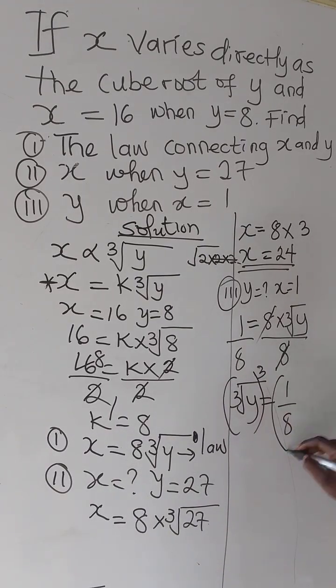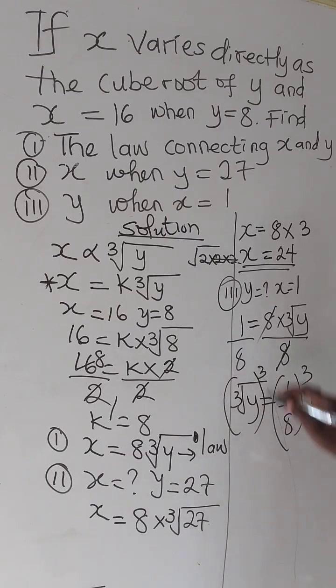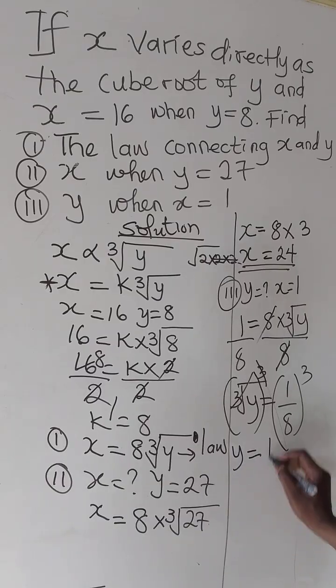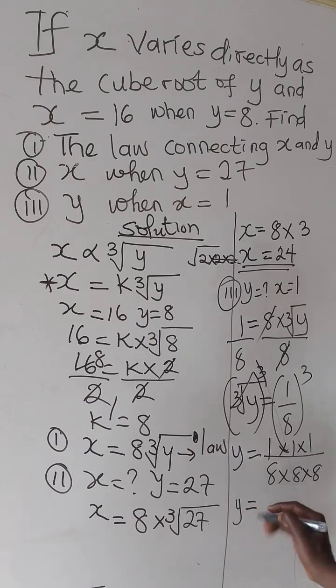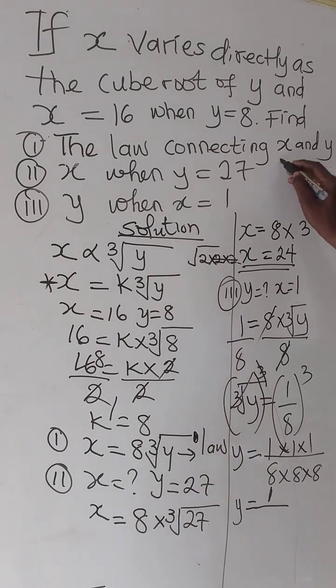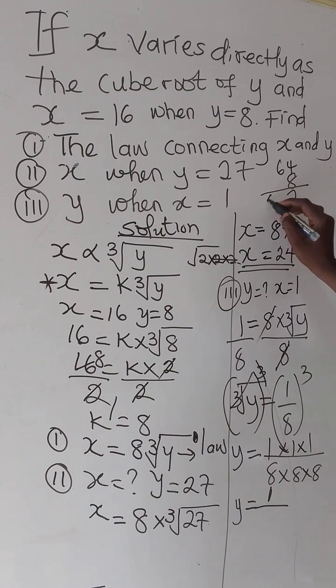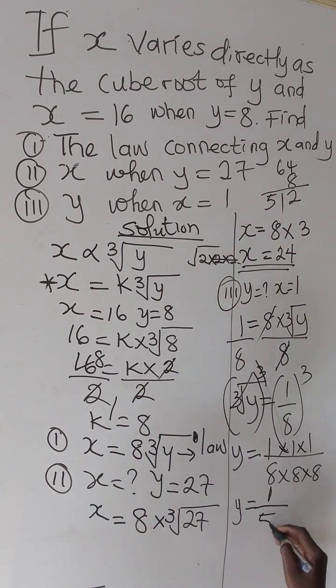We cube both sides, so that this cube will cancel the cube root. So y will now equal 1 times 1 over 8 times 8 times 8. So y equals 1 times 1 is 1 over 8 times 8 is 64, and 64 times 8 will give us 512.